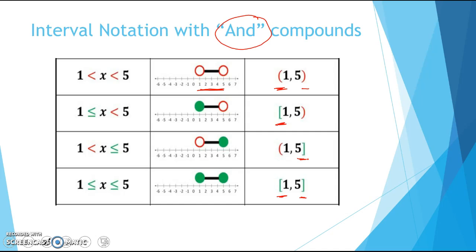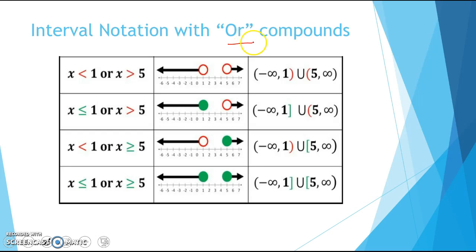Now, and is sometimes referred to as the intersection of two sets, which looks like this. There's also the or statements, which is a union of two sets, which looks like a big U, like this right here. And so we have to do these types of compound inequalities with two sets of parentheses or brackets.